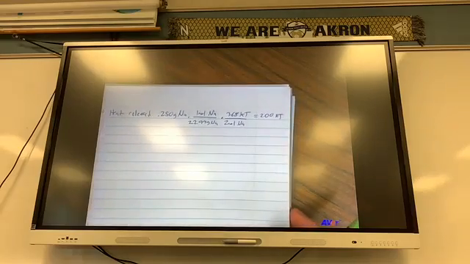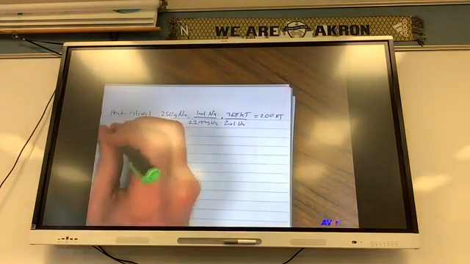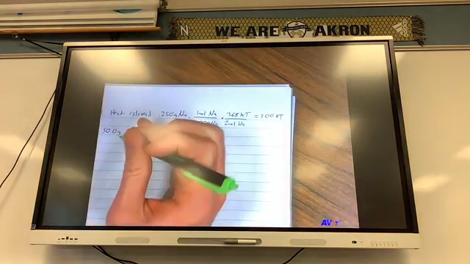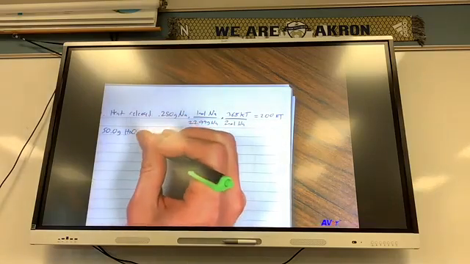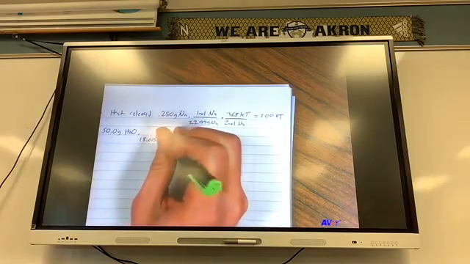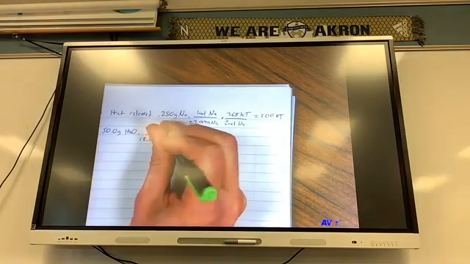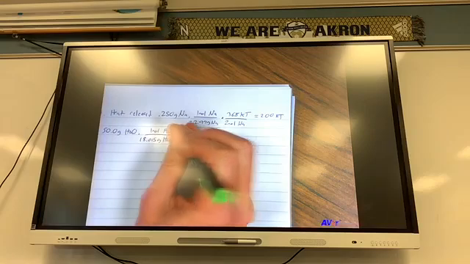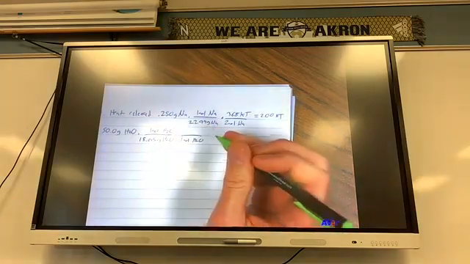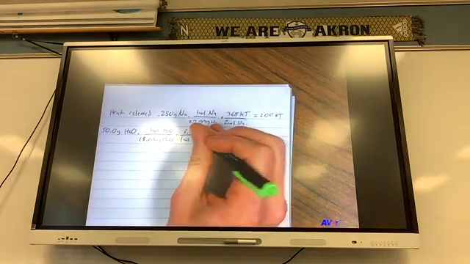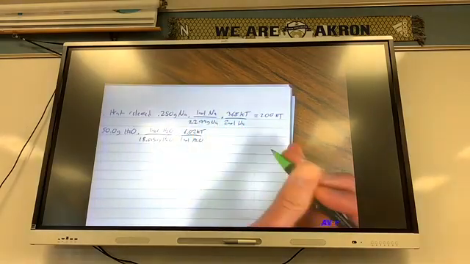So now I have to figure out how much heat it takes to melt 50 grams, right? So I have 50.0 grams of H2O times 1 mole of H2O per 18.015 grams of H2O. And for 1 mole of H2O, the heat of fusion is 6.02 kilojoules.